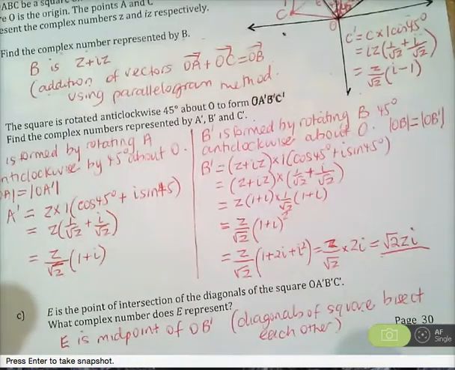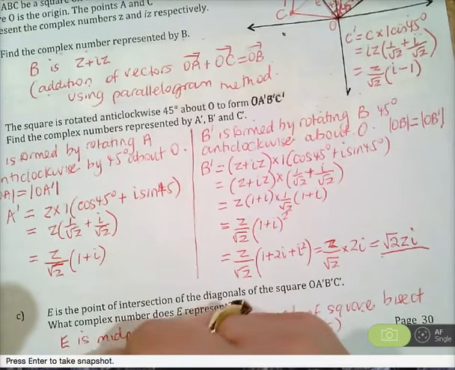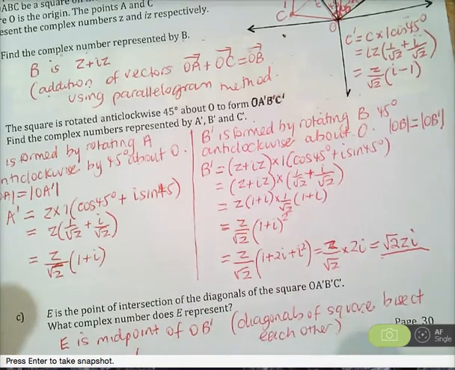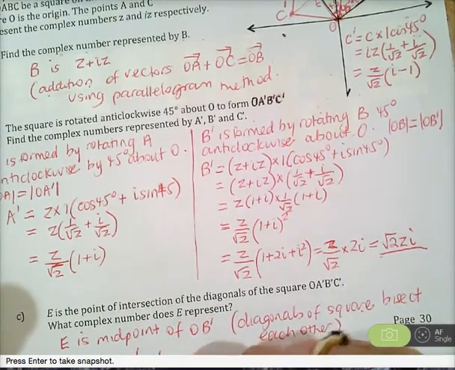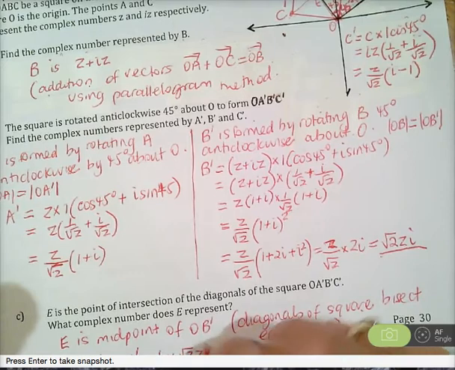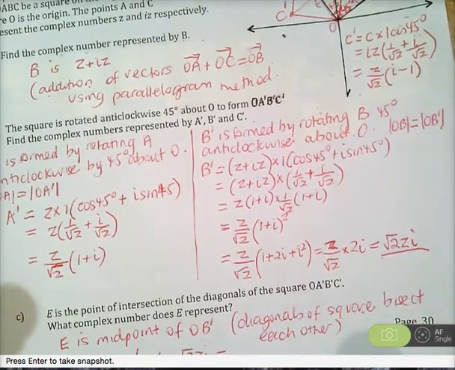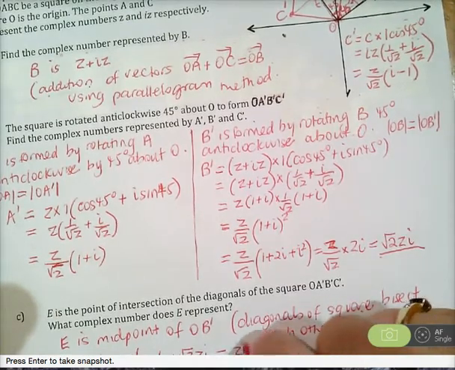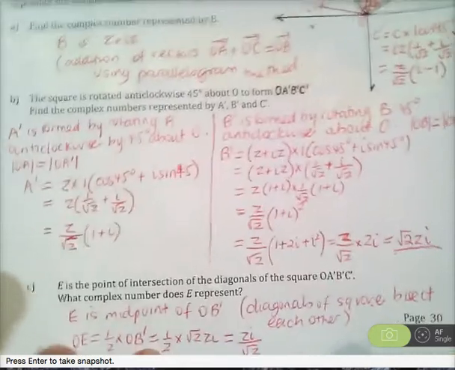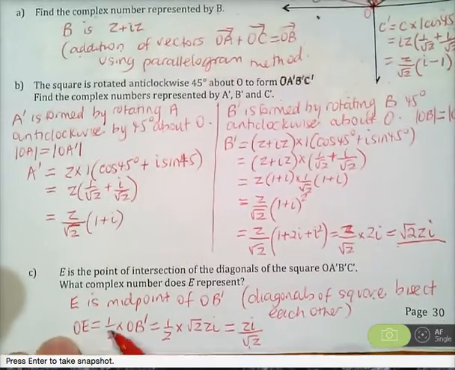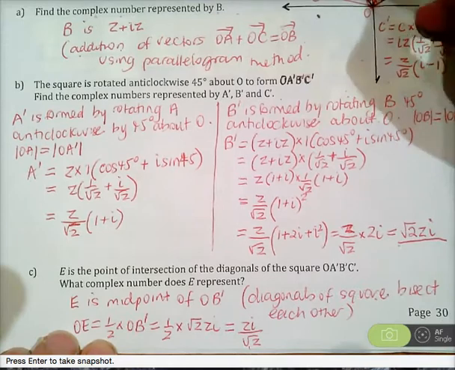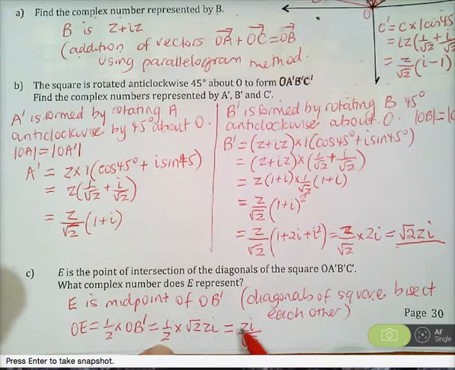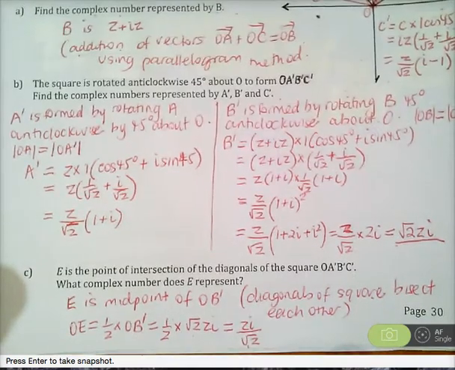So therefore OE will just be a half of whatever OB dash is, okay, because it's got the same angle there. So therefore it's just a half of root 2 ZI, which is now root 2 on 2 is 1 on root 2, so it's ZI over root 2. Sorry, that's running off screen. So again, OE is represented by half the length of OB dash, which is a half of root 2 ZI, which is ZI on root 2. Okay, now that's the end of that question.